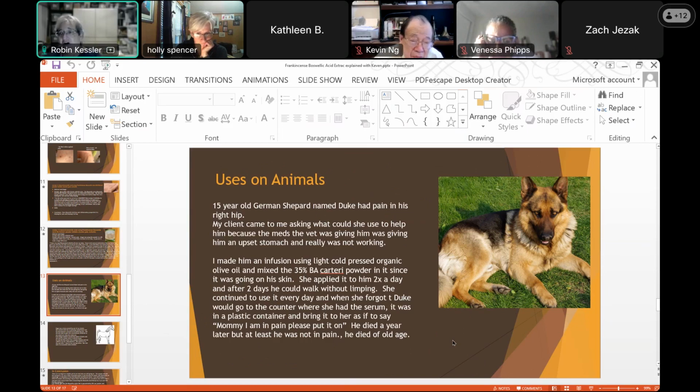Can you put it on me?" And she would put it on him. Unfortunately, he was very old, and he died about a year later, which was about 6 months ago. But I was able to get this picture while he was alive and feeling a bit better.